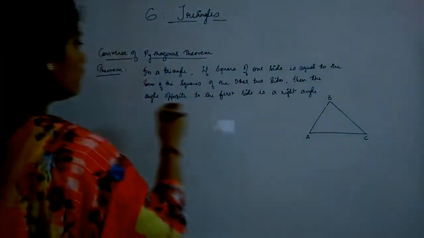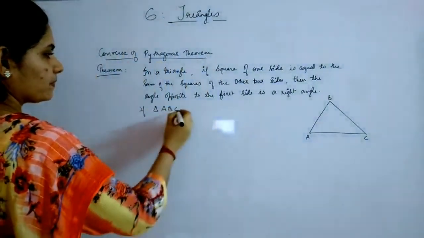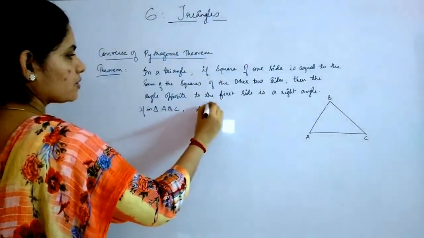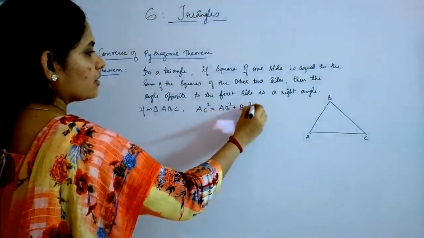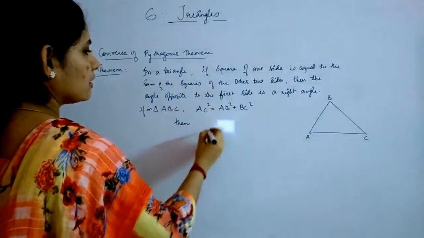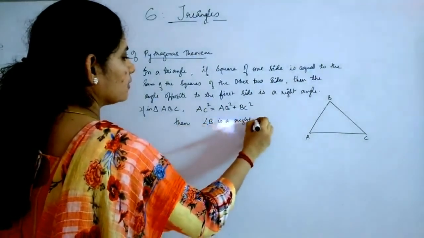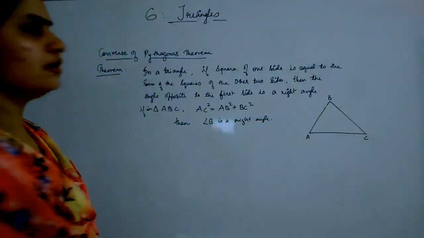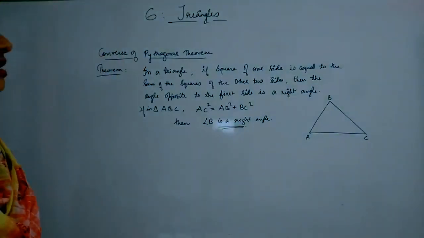That means if in triangle ABC you have AC square is equal to AB square plus BC square, then angle B is a right angle, or the triangle is a right angled triangle, right angled at B. That is what the statement of the theorem says.